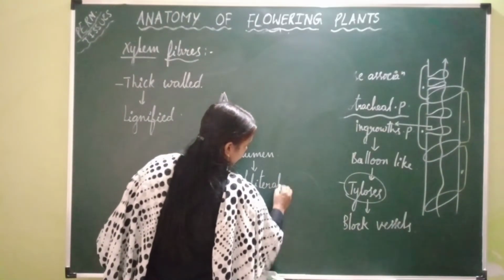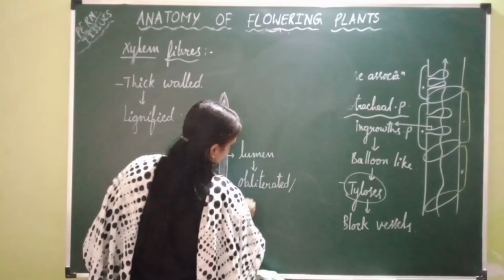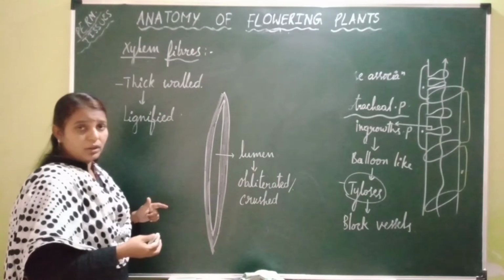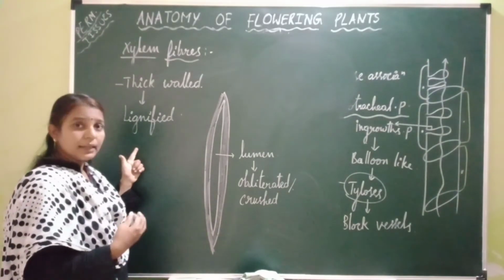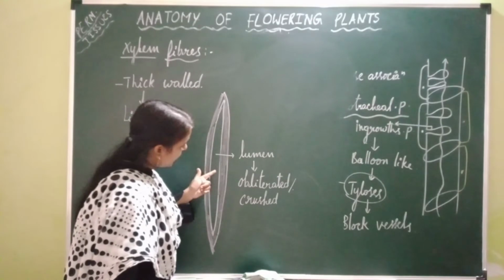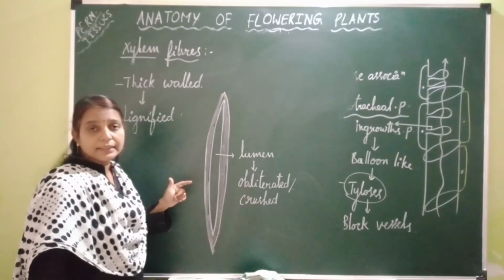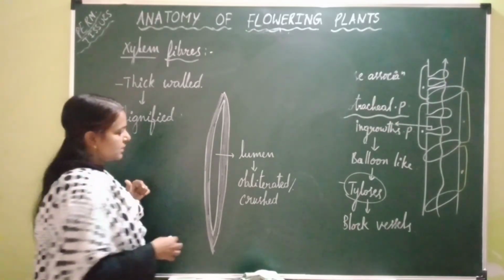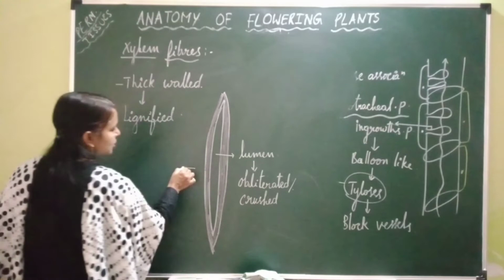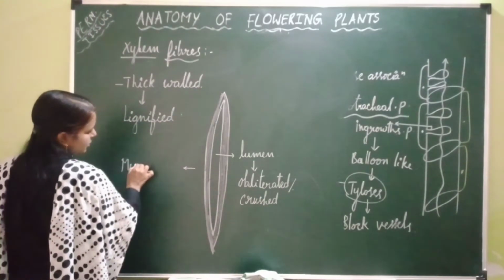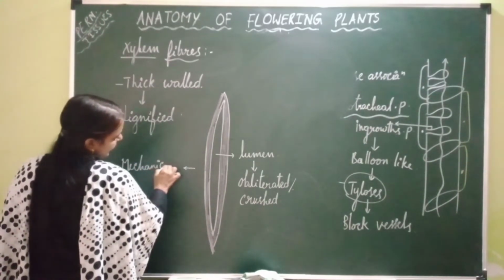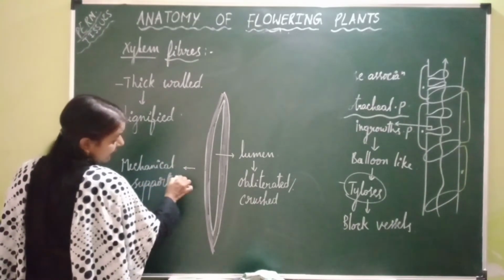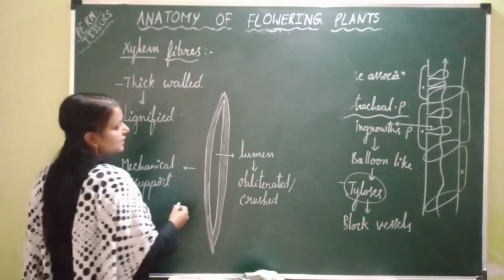So these are thick walled elongated cells where the walls are lignified, and the lumen of these fibers is completely obliterated or crushed because of the highly thickened cell walls. One more thing is, its function is to provide mechanical support. Xylem fibers are involved in providing mechanical support.